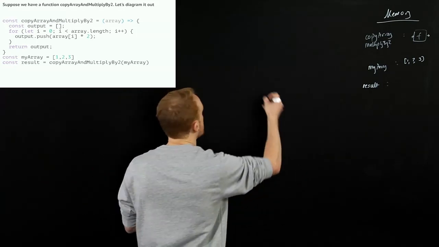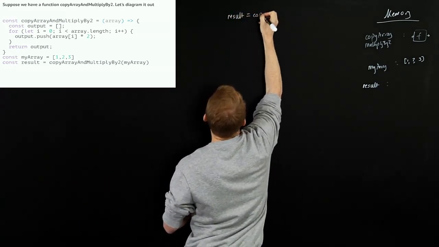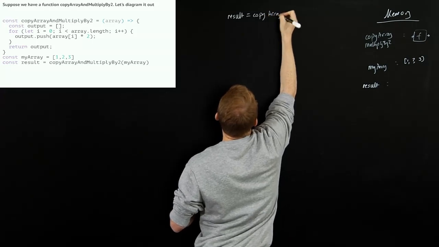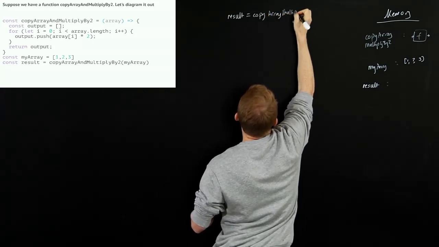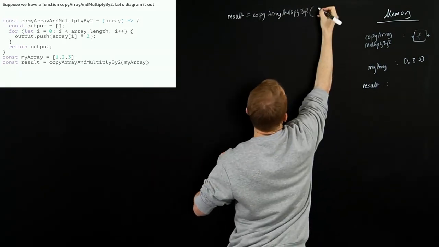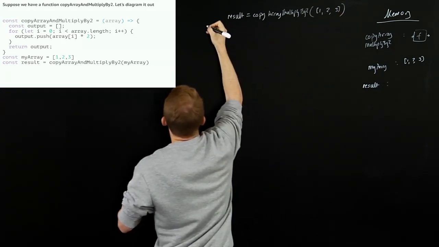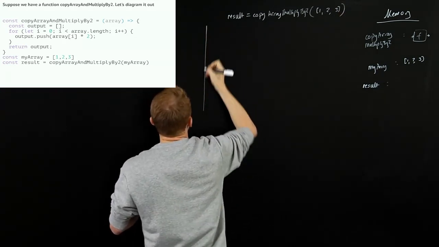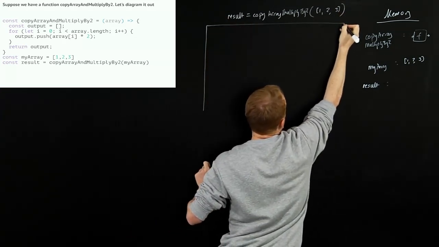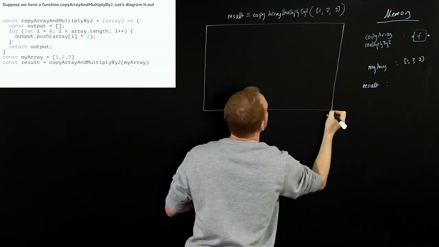Excellent. So results declared while we head off and we execute copy array, multiply by 2 with the input of my array, which is 1, 2, 3. There it is. We create, and because all of you are not yet bored by saying this, you can say it instead of me, we create a brand new execution context.